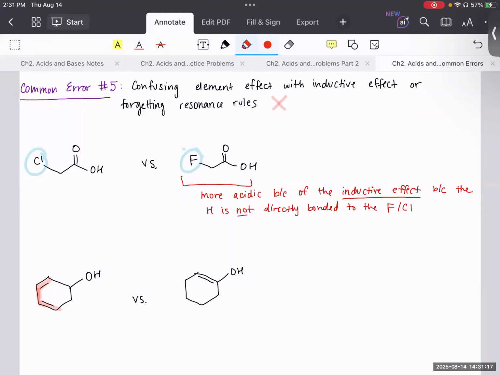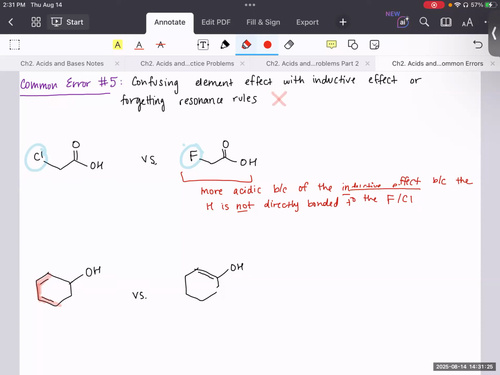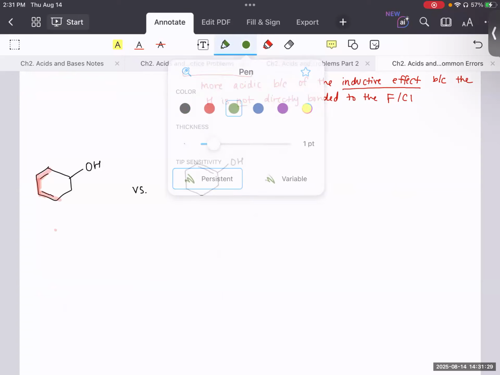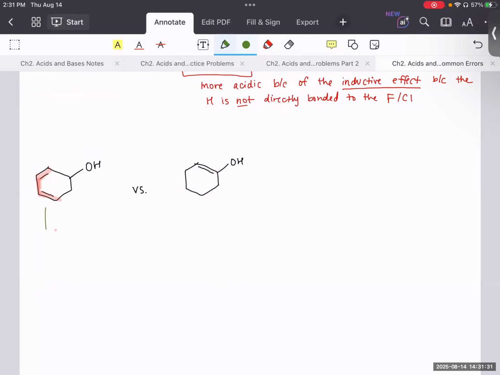However, in this case, while it's true that two double bonds is generally better for resonance than one, and it stabilizes charges more, this doesn't quite work in this case because those double bonds are too far away. And so these double bonds cannot participate in resonance with that oxygen.